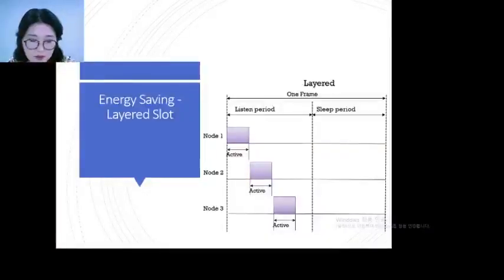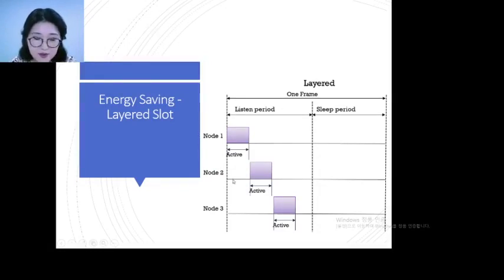The lifetime of the sensor node can be maintained by controlling the listen period by using the simple communication function of the sensor node. Node 1 and Node 2 communicate with each other.